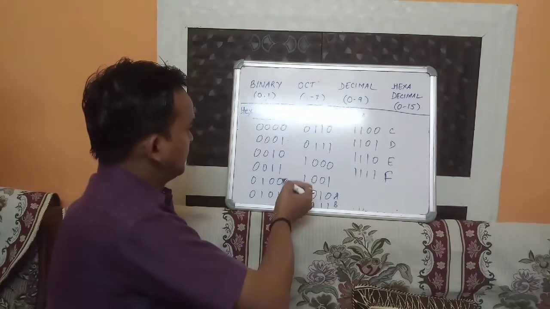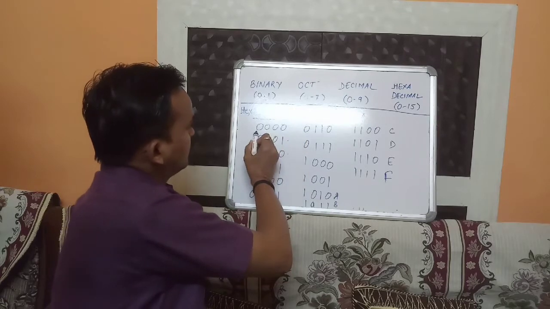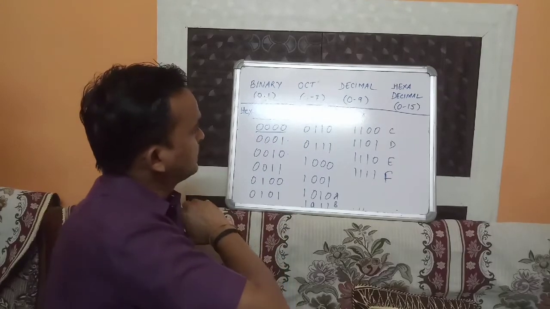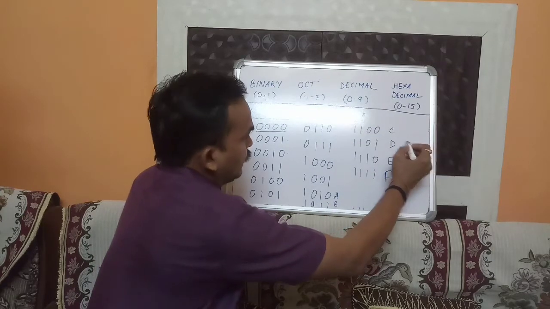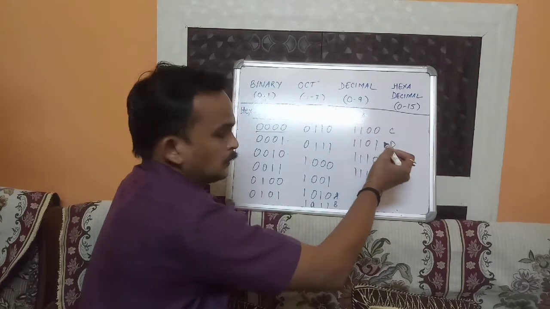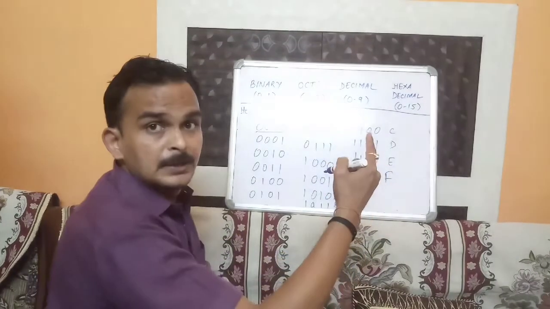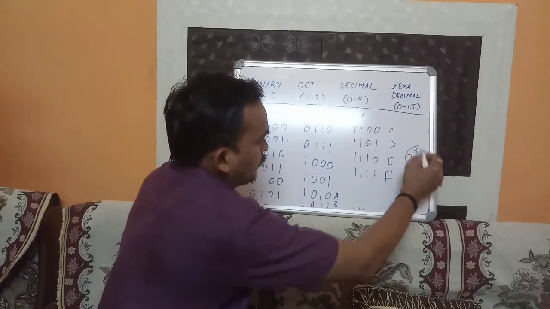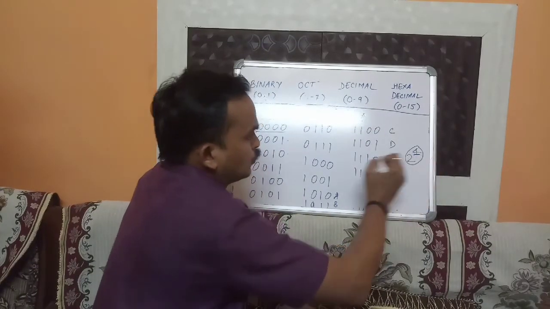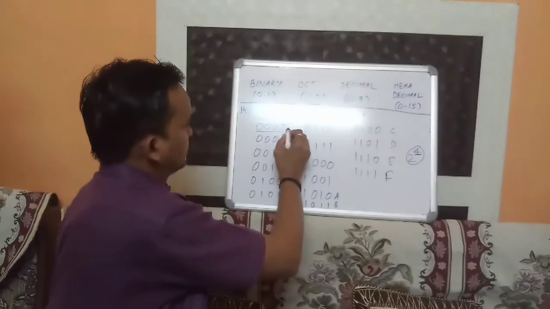So what is the combination? Why do we take 4 digits here? Because if we express 16 as a power of 2, we write 2 to the power 4. The power is 4, that's why we take 4 digits.